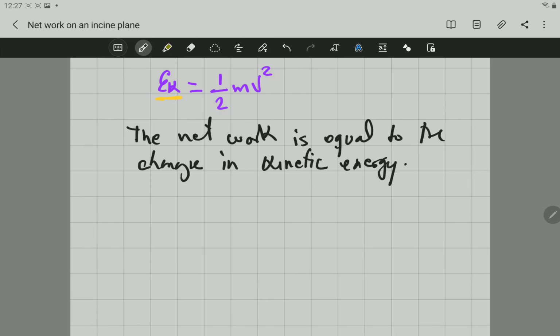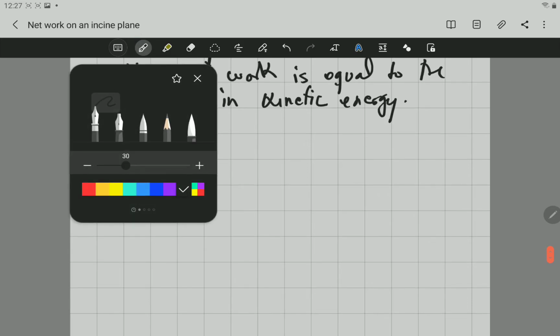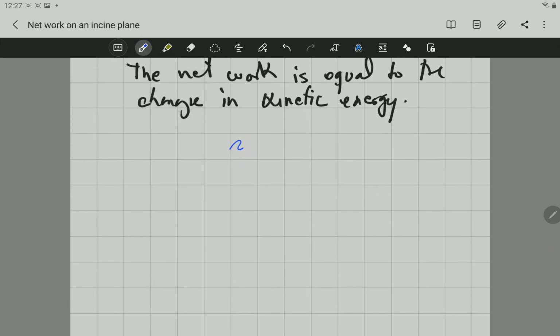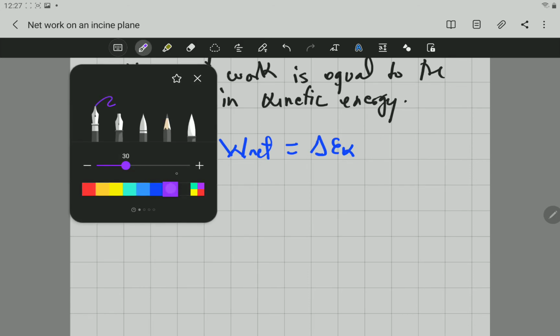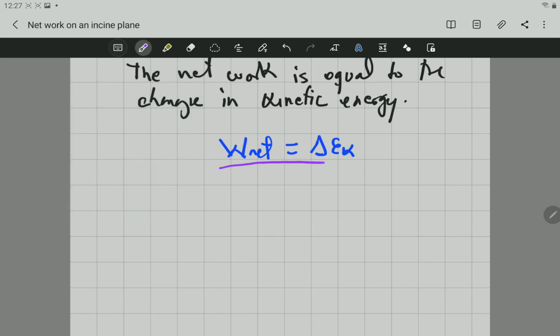And this in a formula could be expressed like: net work is equal to change in kinetic energy. This here is what we call the work energy theorem. Net work is equal to change in kinetic energy.